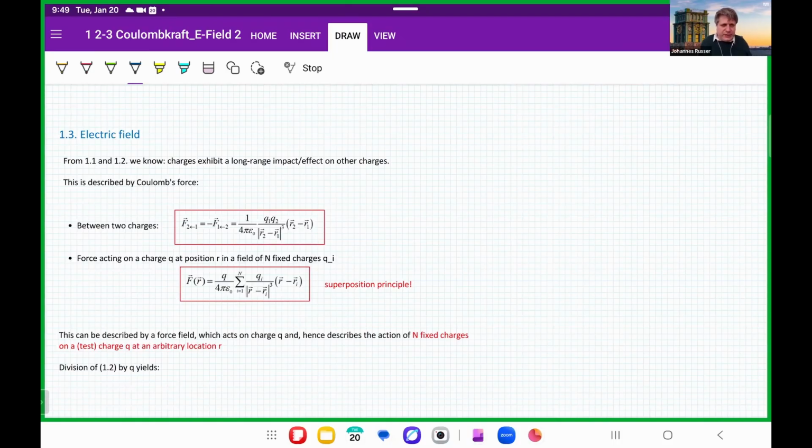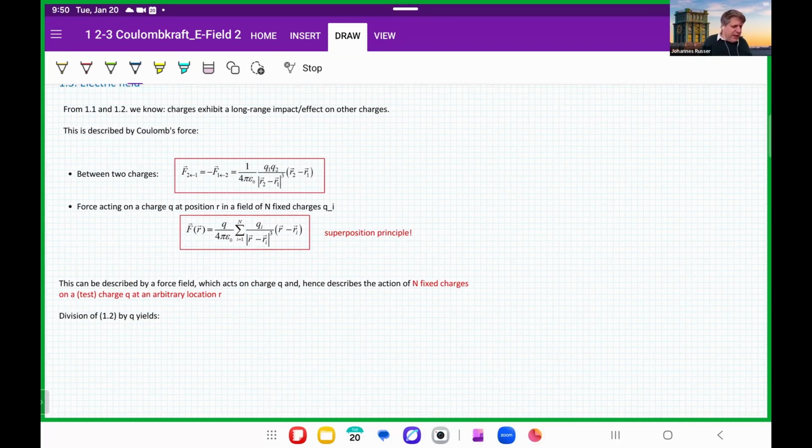So you see on the top equation the Coulomb force between two charges. This is equation 1.1. And by applying the superposition principle, you get the forces when you have a multitude of charges. So the force acting on a charge at a position R, if there is a multitude of charges, you obtain by equation 1.2.